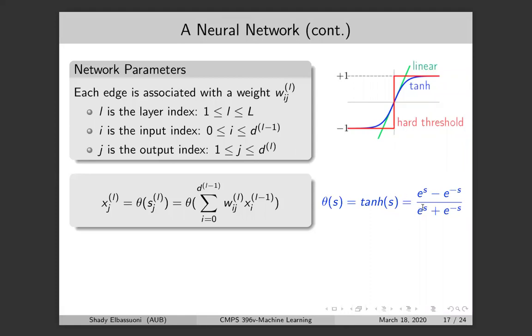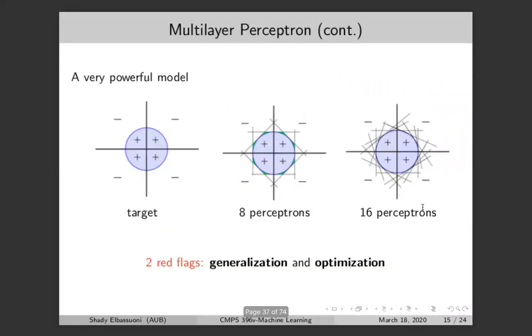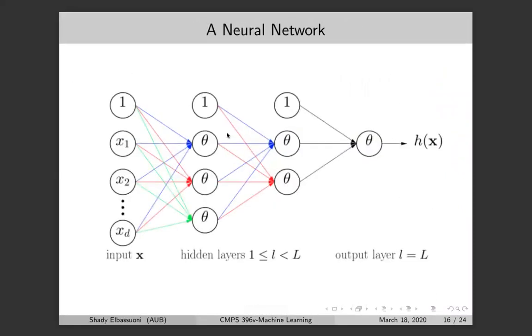That gives you some activation. This I call the input for the next layer: x1 of 1, x2 of 1, x3 of 1. So signal S1 of 1, pass it through the nonlinearity or the activation, and it becomes x1 of 1, the input to the next layer.